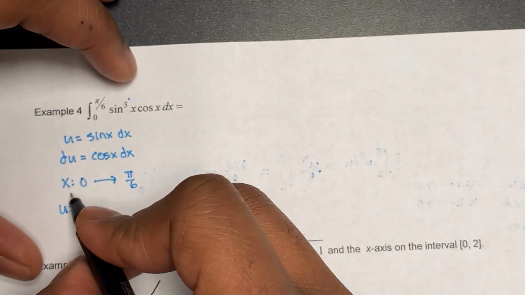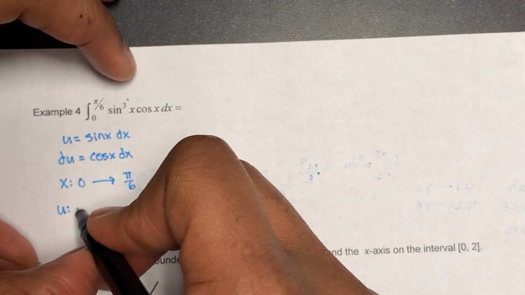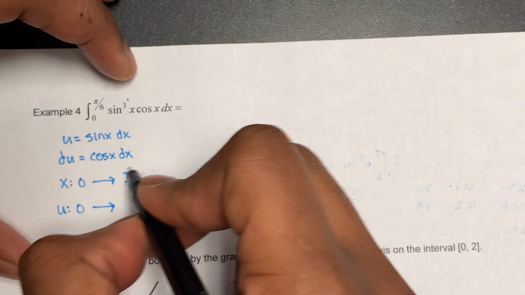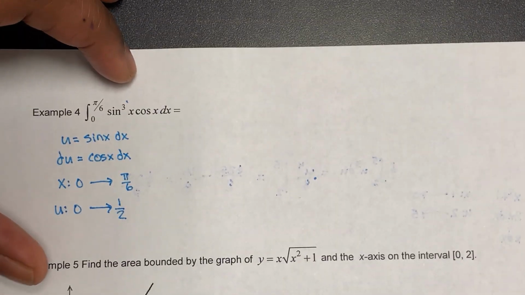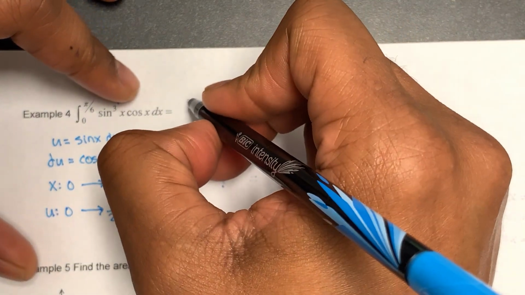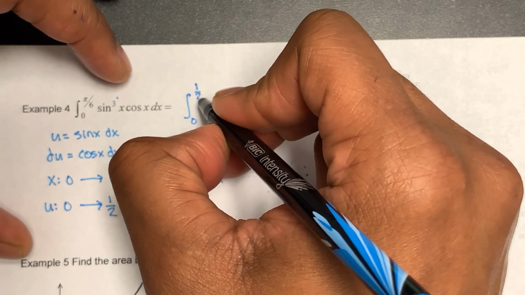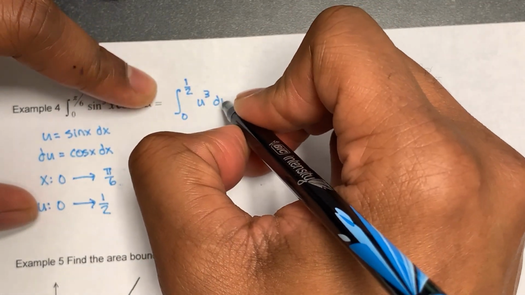The u limits are from the sine of 0, which is 0, and the sine of pi over 6, which is 1/2. So when we rewrite our integral, it's the integral from 0 to 1/2 of just u cubed du.